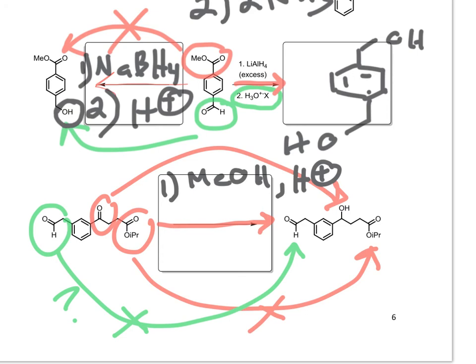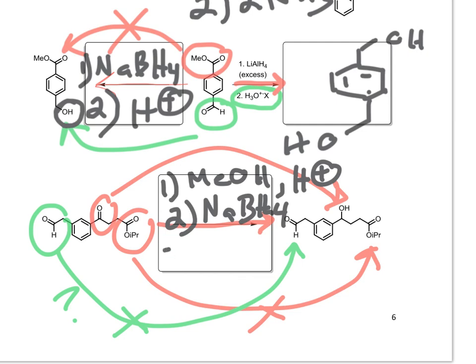Now we have a ketone left and we have an ester left. And we know a reagent that can reduce a ketone but can't reduce an ester. Again, that is sodium borohydride, NaBH4. That gives us a secondary alkoxide.